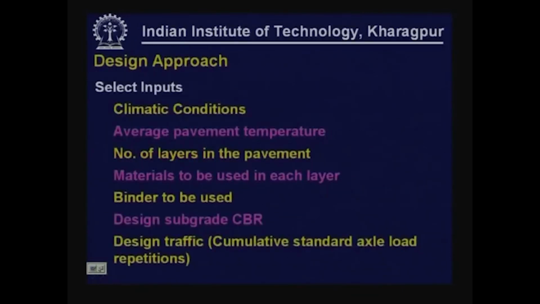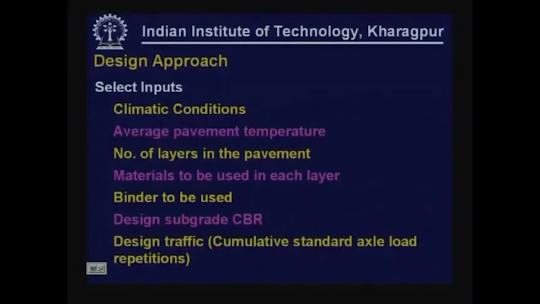The general design approach includes selecting different inputs such as climatic conditions, especially the average pavement temperature, whether it is 20 degrees, 25, 30, 40, and the general condition in terms of the rainfall, whether it is excessive or dry.